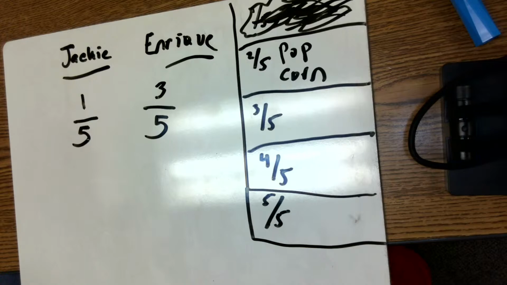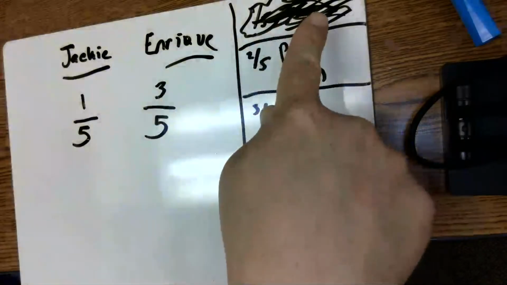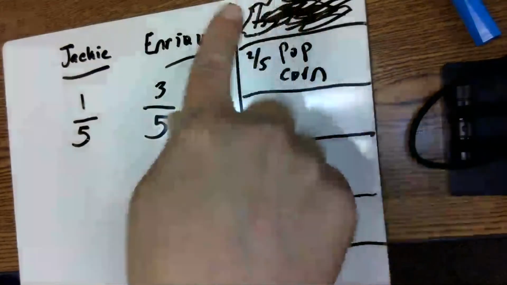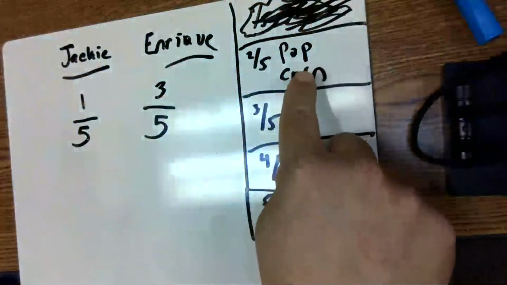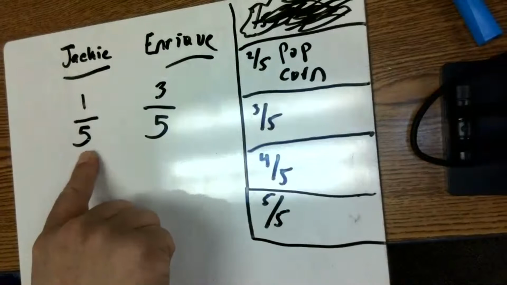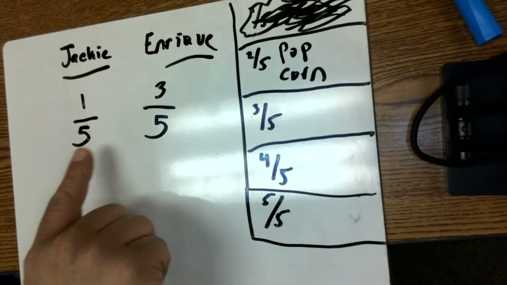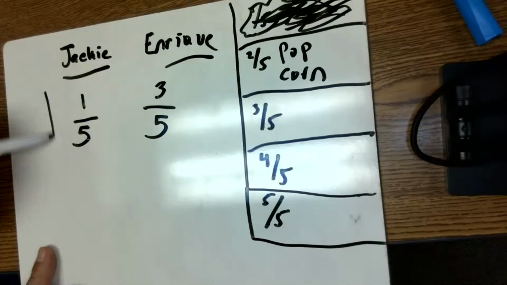Yes, Piper. I'm kind of confused on what we're supposed to solve here. It says name 3 other ways Enrique and Jackie could have shared the popcorn. We're not worried about the 1/5 of popcorn. It says to share the rest, so now we're only worried about the 4/5. 1/5 plus 1/5 plus 3/5 equals 5/5. But we're just worried about that. We already have the 1/5 over here.